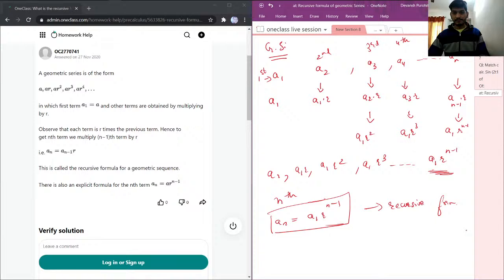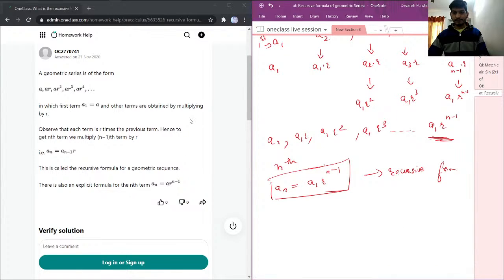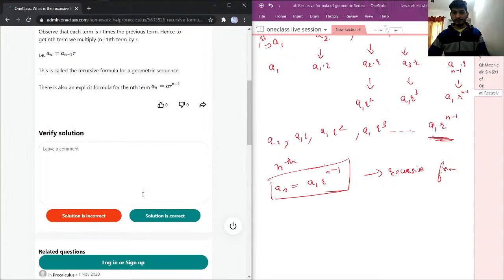We have a simple formula, which is An equal to A1 times r power n minus 1. So the solution given is correct. Nice work.